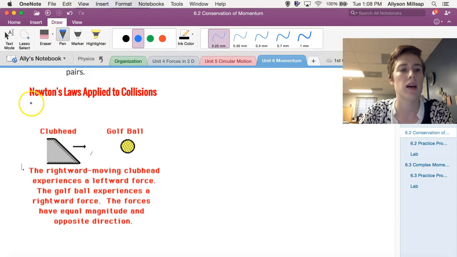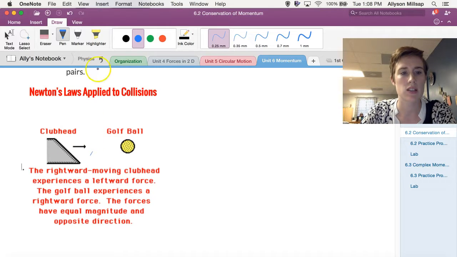So here's the club head of a golf club, and it's hitting the golf ball right here. So this club head is putting a force once they actually come in contact. So here is our golf club. Okay, try and draw it the same way that the picture draws it. So here's our golf club. Once it actually touches the golf ball, it's going to exert a force, a push force like this, an applied force on the golf ball.